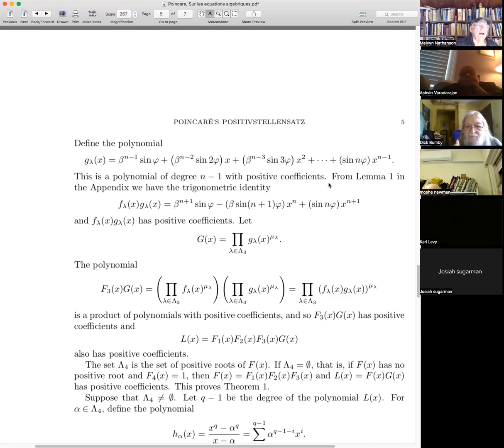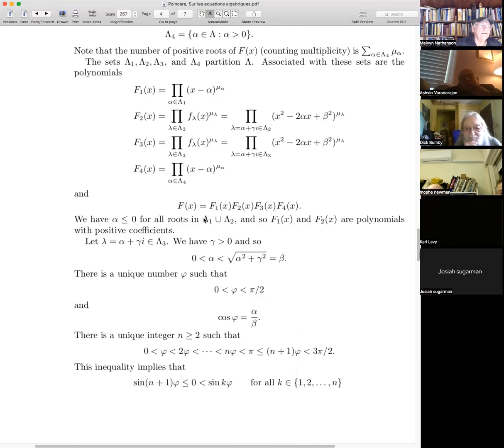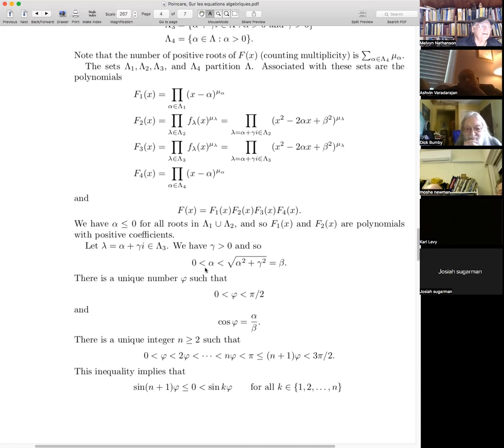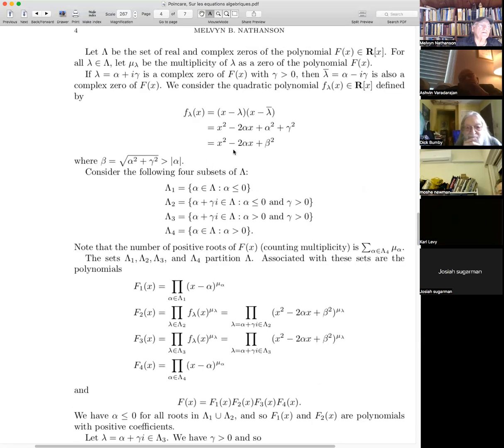All right. Now, I hid the work for a moment because it's a calculation. I'll show that at the end. From lemma 1 in the appendix, a couple of pages on, there is an identity. It says if you take f lambda times g lambda, this is f lambda, right?